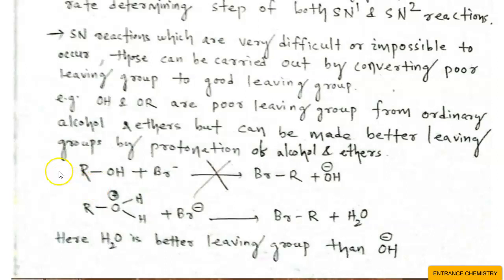But when these alcohols and ethers are protonated like this and the nucleophile is given, they will give SN reactions. Because OH minus here is a poor leaving group and H2O is a good leaving group. When we convert a poor leaving group to a good leaving group, the impossible reaction becomes possible.